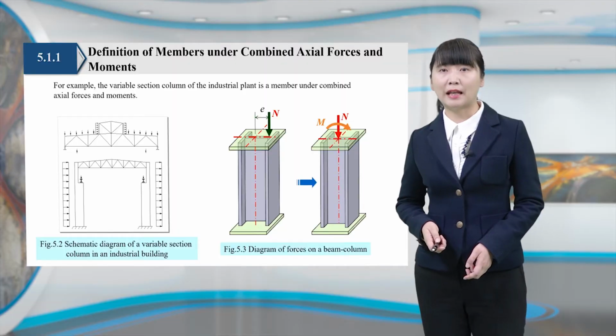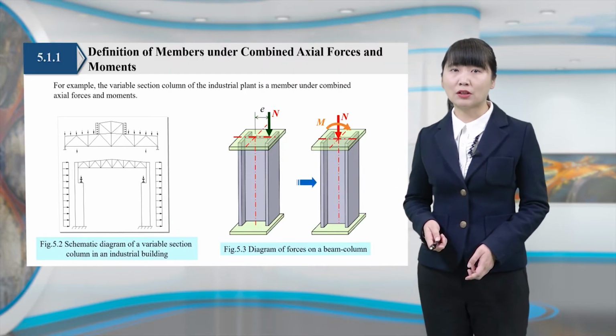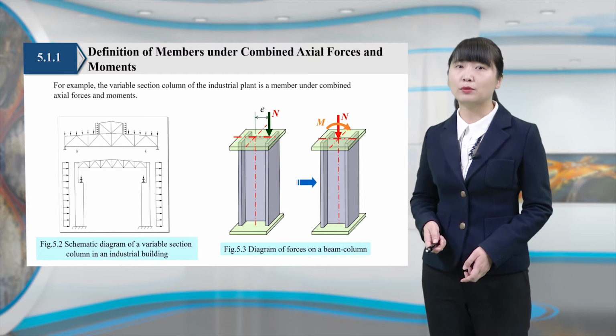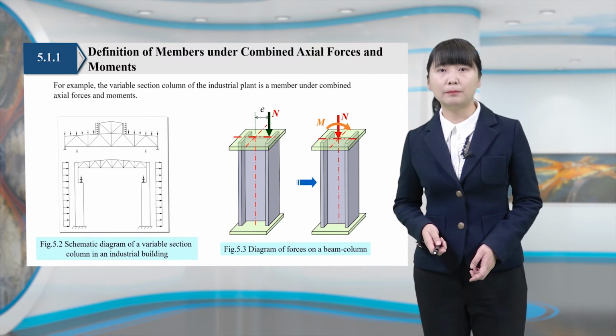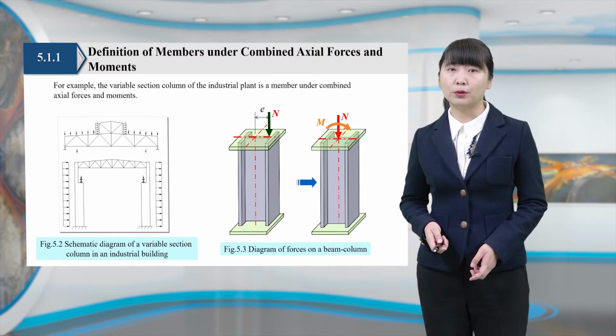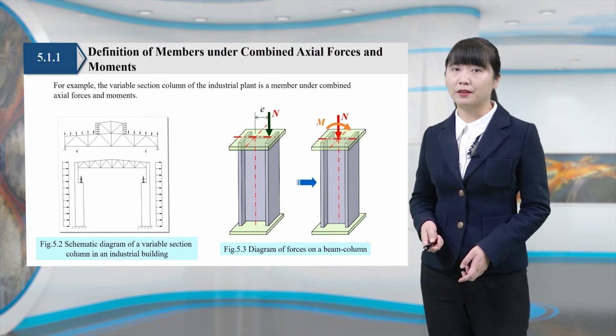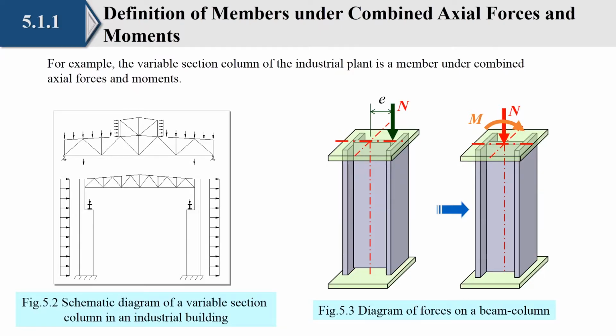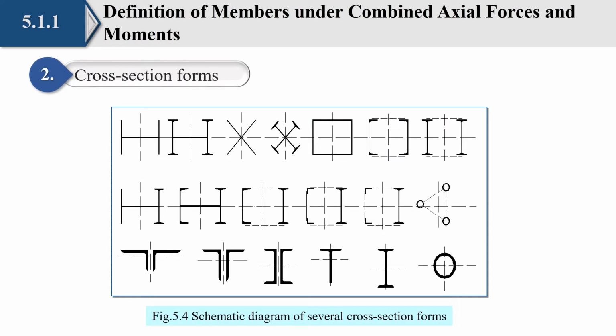A schematic diagram of a variable section column subjected to both axial forces and bending moments in an industrial building is shown in Figure 5.2. The diagram of forces on a beam column is shown in Figure 5.3. A schematic diagram of several cross-section forms of members under combined axial forces and moments is shown in Figure 5.4.